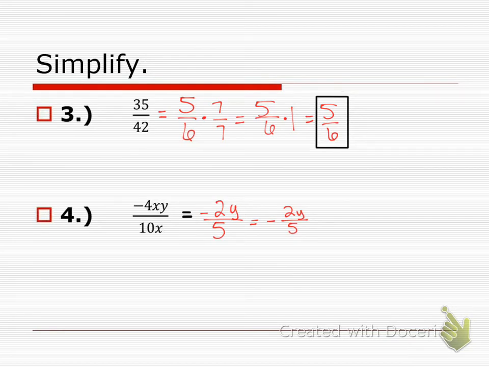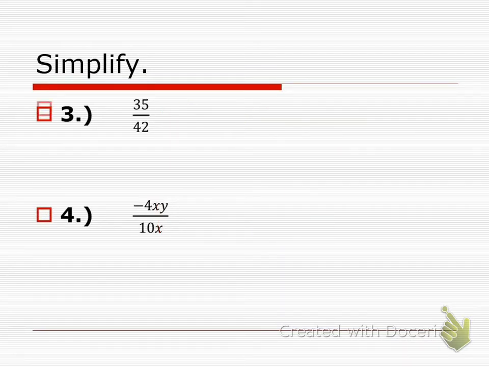But the y should definitely be in the top. So the x's reduced or canceled out, the 4 over 10 reduced to 2 over 5. Questions about 3 or 4? Okay, we'll move on.